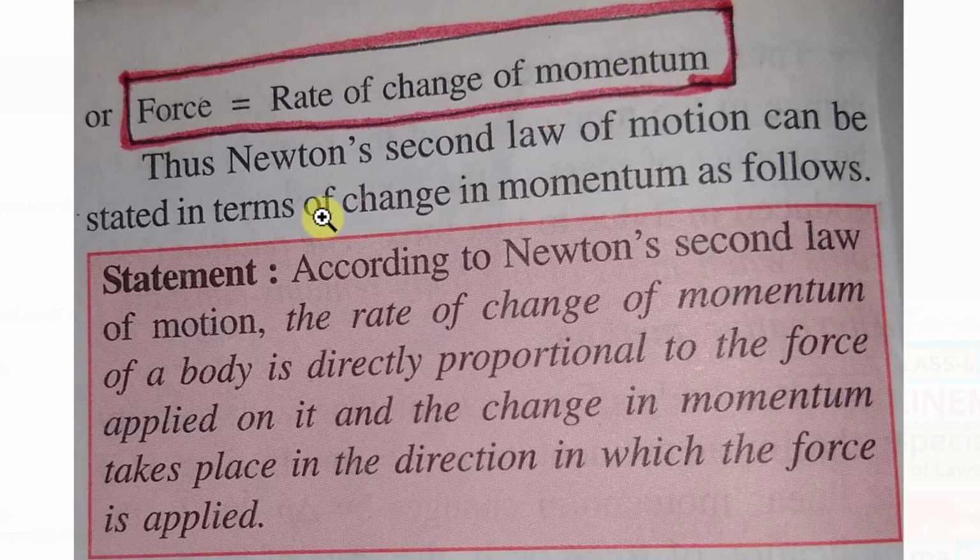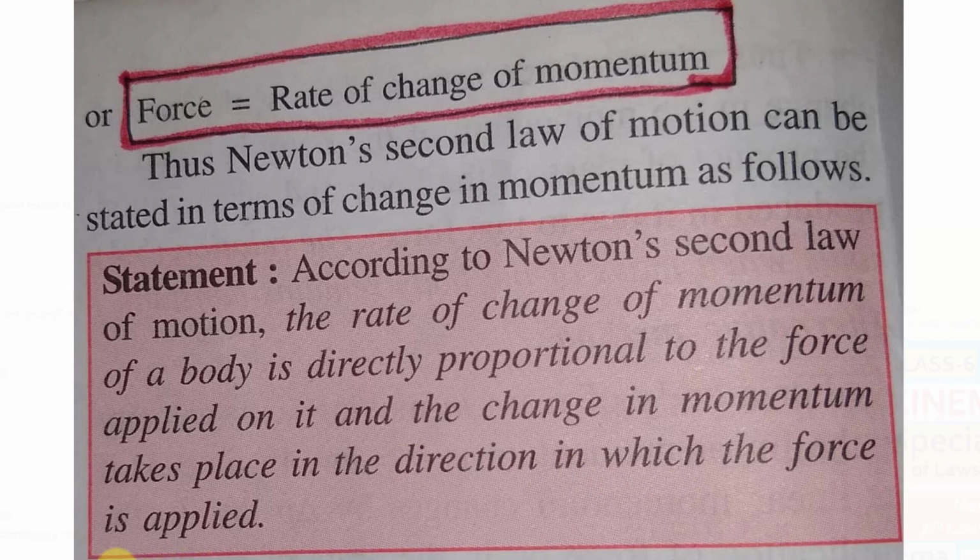So Newton's second law of motion in terms of change in momentum can be defined as: according to Newton's second law of motion, the rate of change of momentum of a body is directly proportional to the force applied on it, and change in momentum takes place in the direction in which the force is applied.